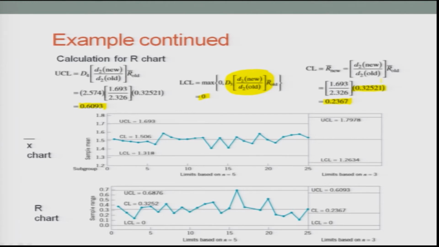When I convert this into the tables or charts, let us go and see it. I will use the green highlighter for the X bar charts and the red highlighter for the R charts. For the green one, where I am hovering the pen, this is the central line, which is X double bar, and it remains the same.